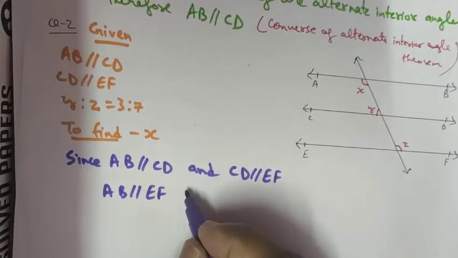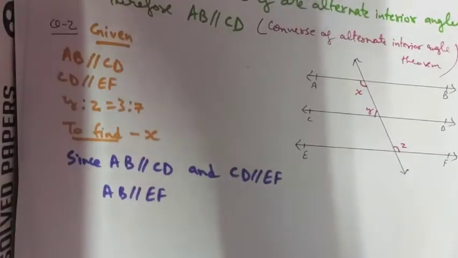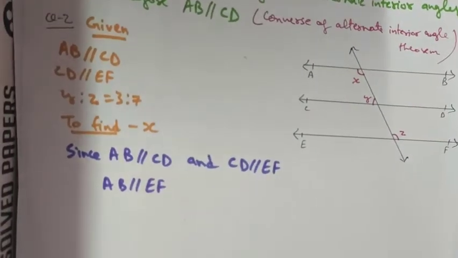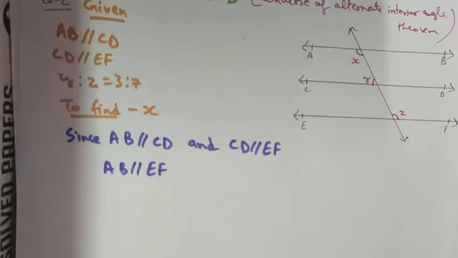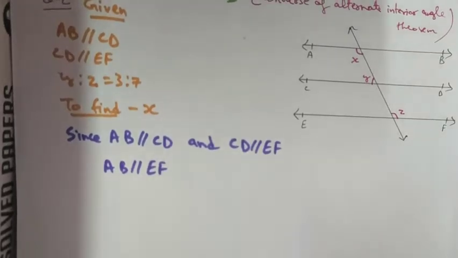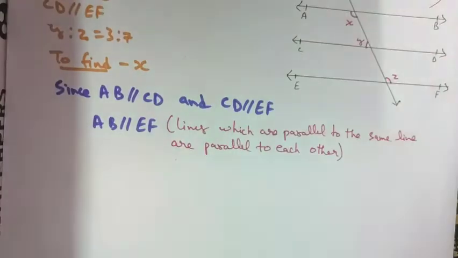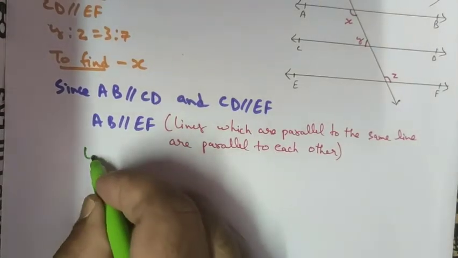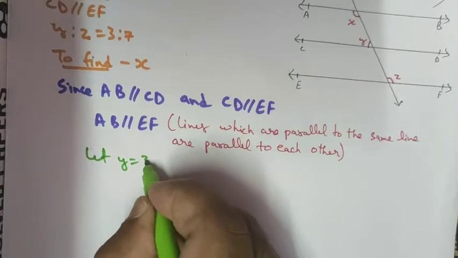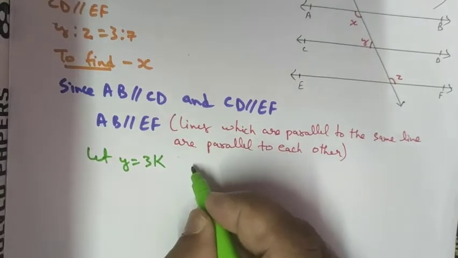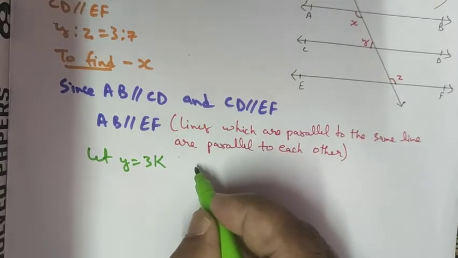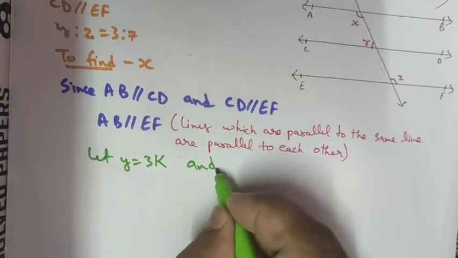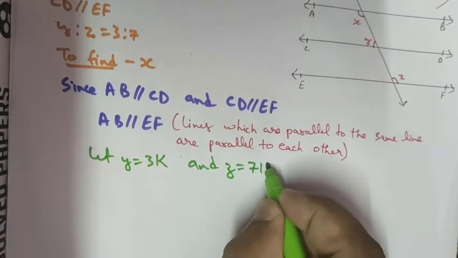Why? Because we have studied that if two lines are parallel to the third line, then the other two lines will be parallel to each other. Now since the ratio of y is to z is 3:7, let y equal 3k. You can take any variable other than x, y and z, and z equals 7k.